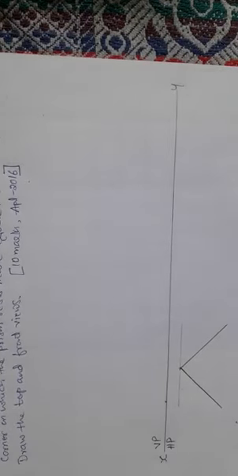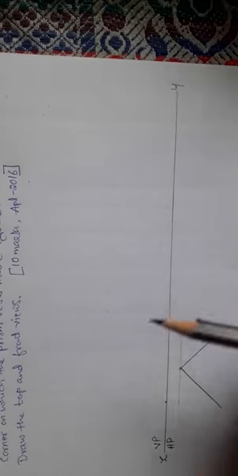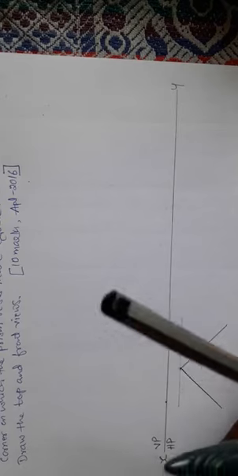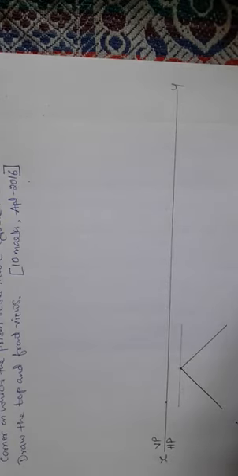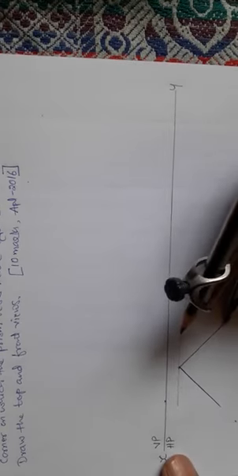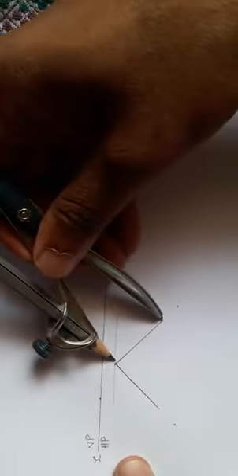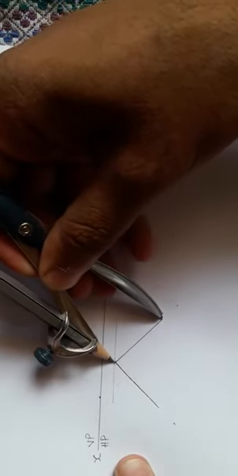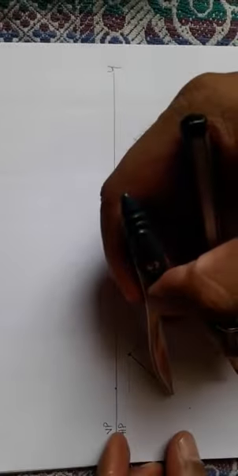Similarly here we are going to draw the inclination. The size from here to here is 30 mm. So this is the length of 30 mm. Here I mark one single point, and similarly from here to here.